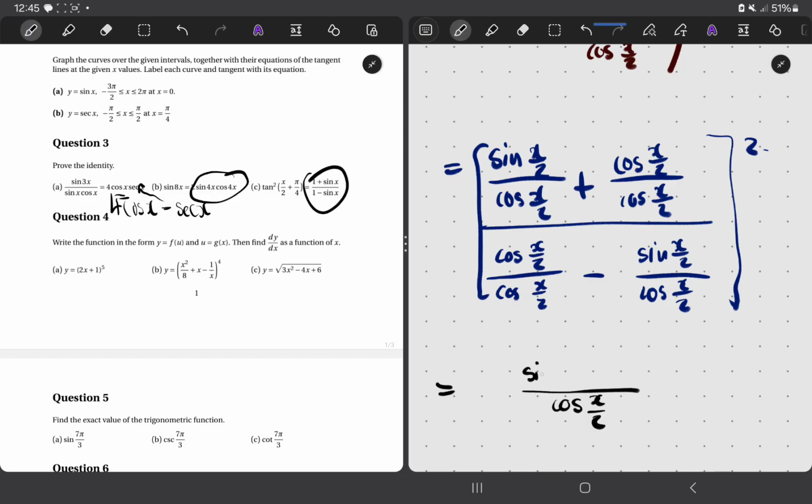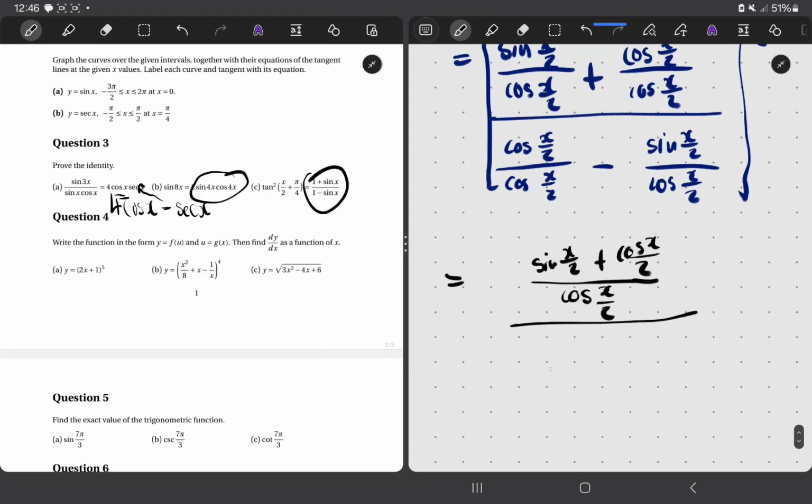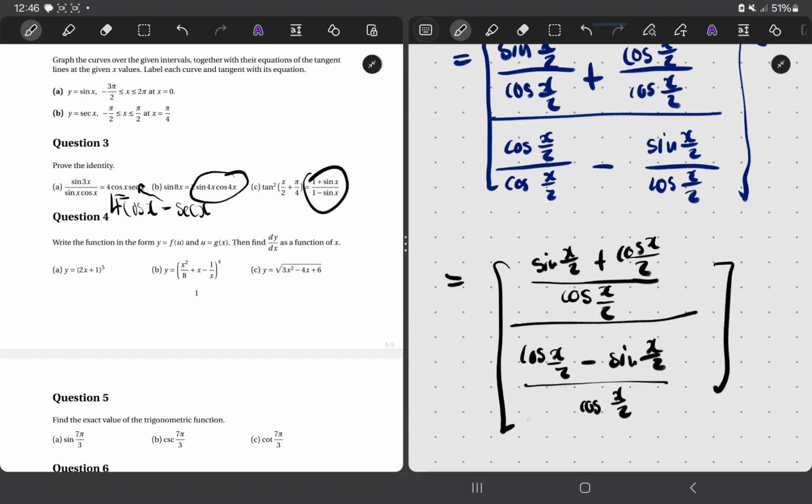And this will now be sine x over 2 plus cos x over 2 over cos x over 2, divided by, in the denominator now, we have cos x over 2 minus sine x over 2, all divided by, they should have the same denominator because both of them are cos x over 2. So it's all over cos x over 2. And we square that.